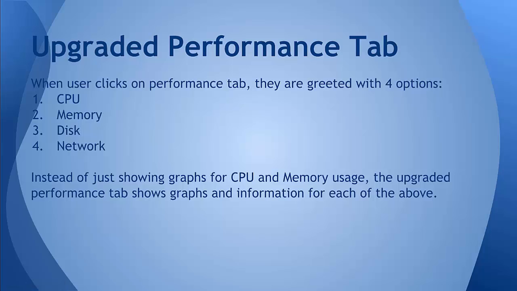Another updated feature is the upgraded Performance tab, wherein the user can look at performance graphs and information updating in real time, not only for CPU and memory usage, like in old task managers, but also disk and network usage.